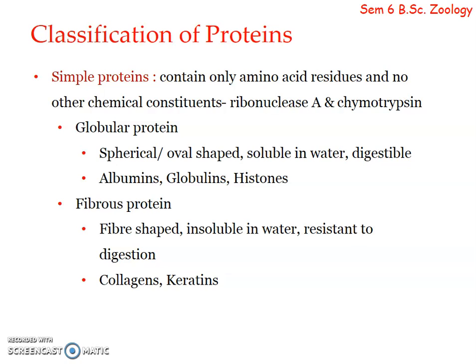Collagens, on boiling with water or dilute acids, yield gelatin, which is soluble and digestible. So gelatin, which is used in the manufacture of jelly or ice creams, is produced from collagens. Once it is boiled, it produces the soluble, digestible form, that is gelatin.